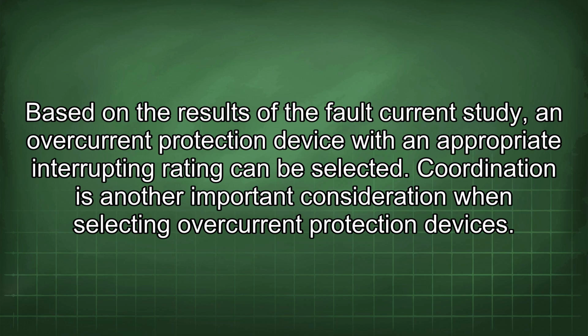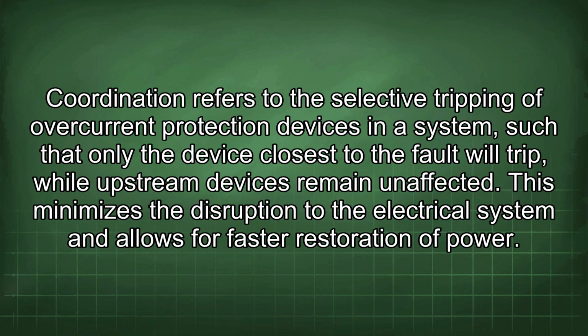Coordination is another important consideration when selecting overcurrent protection devices. Coordination refers to the selective tripping of overcurrent protection devices in a system such that only the device closest to the fault will trip, while upstream devices remain unaffected. This minimizes the disruption to the electrical system and allows for faster restoration of power.